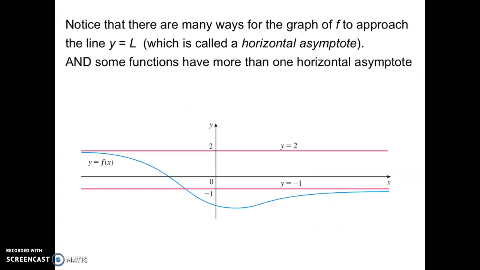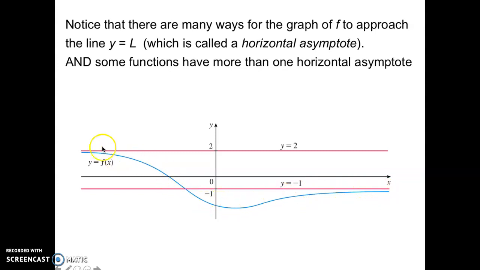Now, notice that there are many ways for a graph of f to approach it, and some functions have more than one horizontal asymptote. I referred to this earlier. As x approaches positive infinity, this has a horizontal asymptote of y equals negative 1. So its end behavior toward the right approaches an output of negative 1.